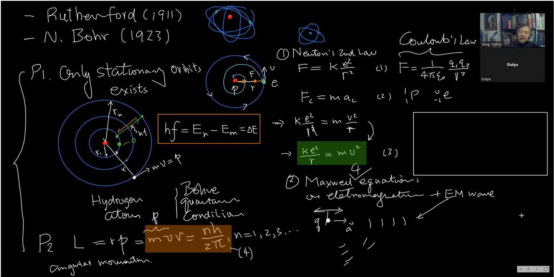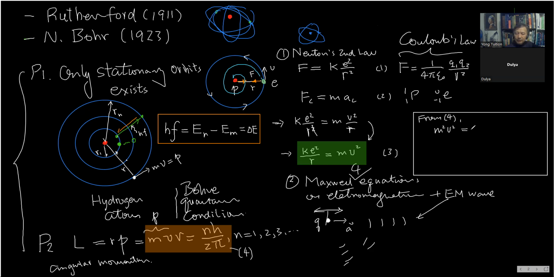So what we can do, we have mv squared here, can you see? This m squared can also be found in this formula. If we multiply both sides with m, from equation 4, we can obtain m squared v squared.